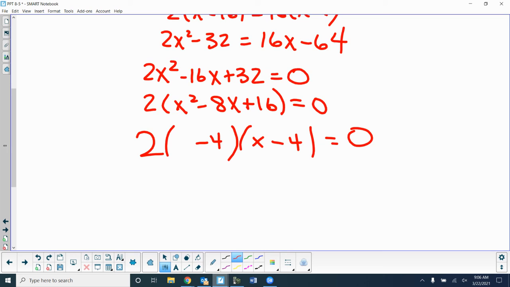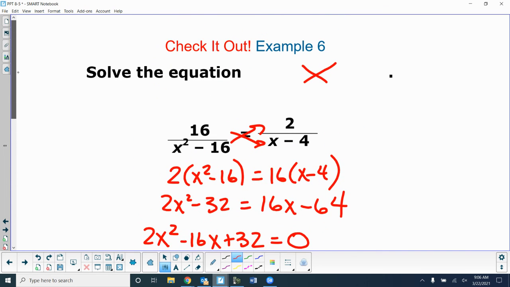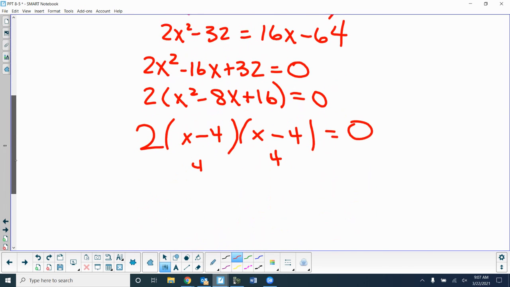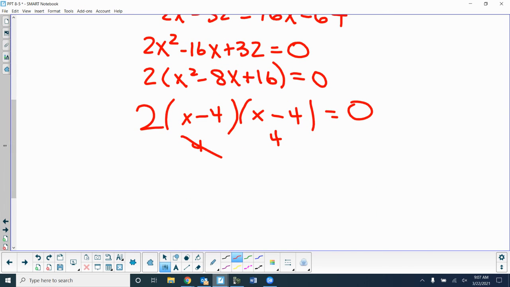So what's my answer? 4 for both, right? But what happens when I put it up top? What's 4 minus 4? 0. So is that a good answer? No, it's not a good answer. So no solution. Okay? Check every time.